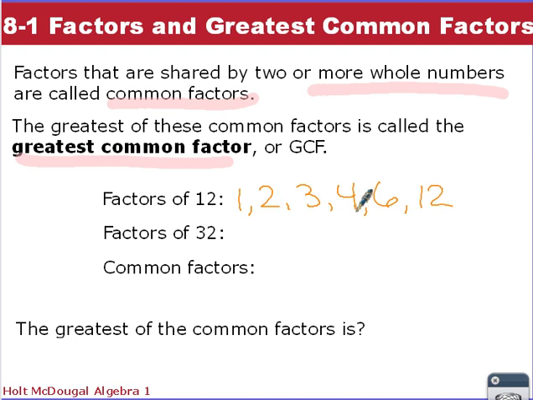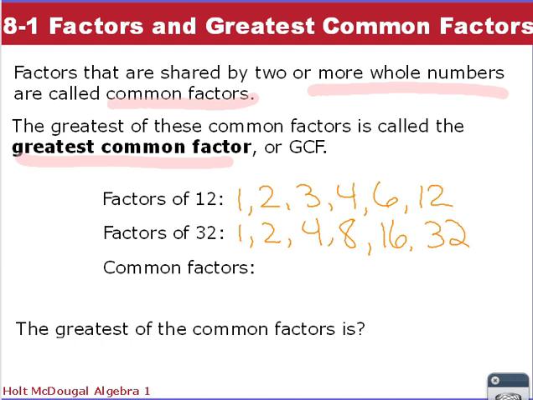Factors of 32: we have 1, 2, 3 doesn't work, 4, 8, 16, and 32. So now let's look at the factors between those two that give the greatest common factor.